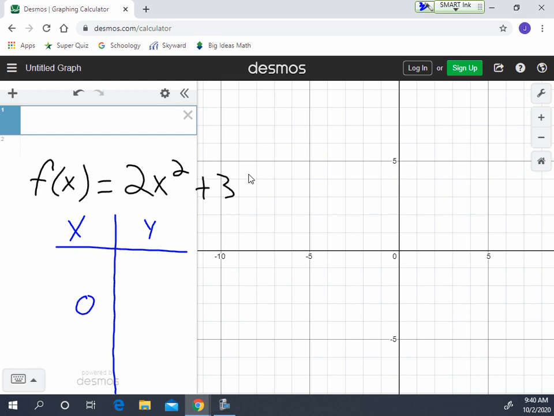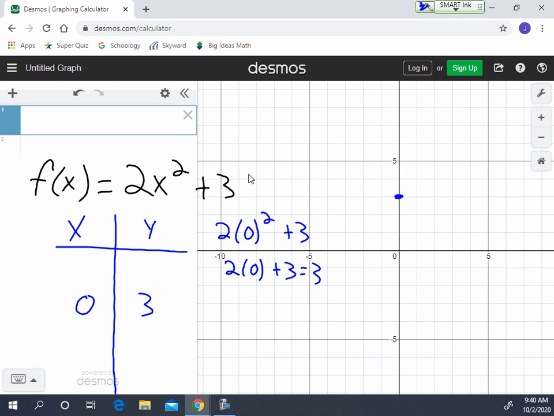So I get 2 times 0 squared plus 3. 0 squared is 0, so 2 times 0 plus 3. 2 times 0 is 0, plus 3 equals 3. So when x is 0, our y is going to be 3.